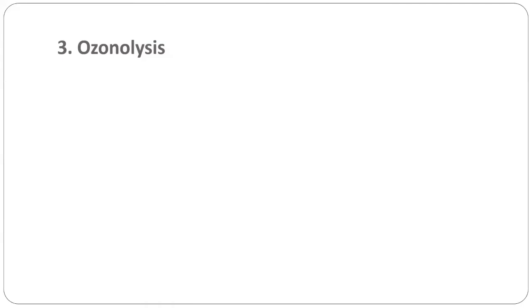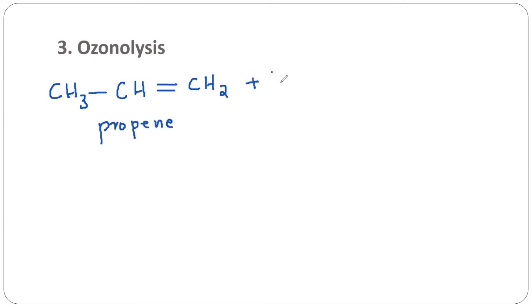The next method is called ozonolysis. Let's do an example. Here the starting compound is an alkene. So let us start with propene. Propene is treated with ozone and the product is an ozonide.